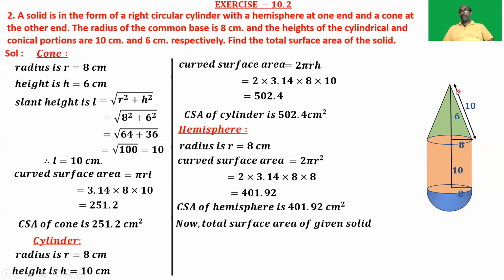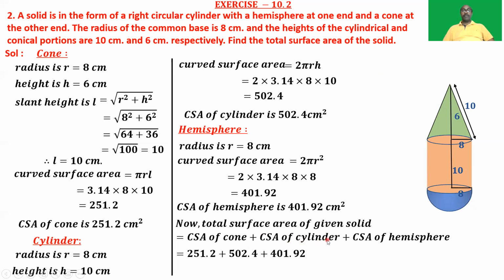So students, now the total surface area of the given solid is curved surface area of cone plus curved surface area of cylinder plus curved surface area of hemisphere. Now substitute the values we got. CSA of cone is 251.2 centimeters square and CSA of cylinder is 502.4 centimeters square and CSA of hemisphere is 401.92 centimeters square.